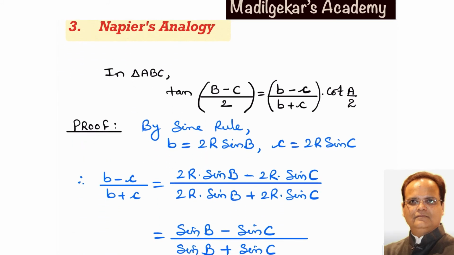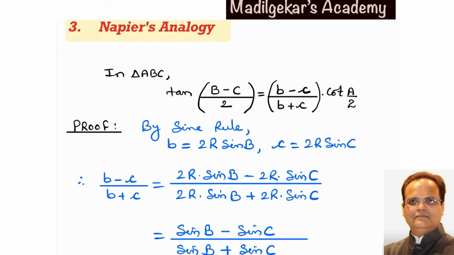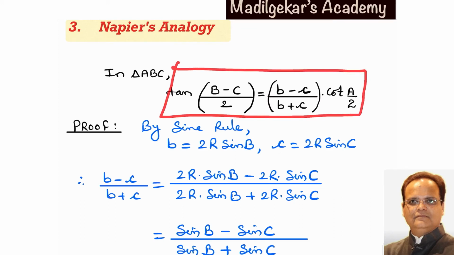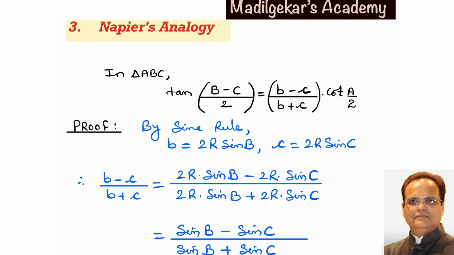Napier's analogy. In triangle ABC, prove that tan of (B minus C) by 2 equals (b minus c) upon (b plus c) into cot A by 2. We know by sine rule we can write b as 2r sin B and c as 2r sin C. Consider the term (b minus c) upon (b plus c).